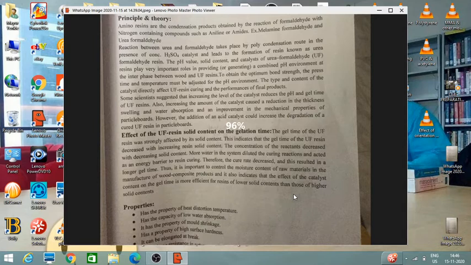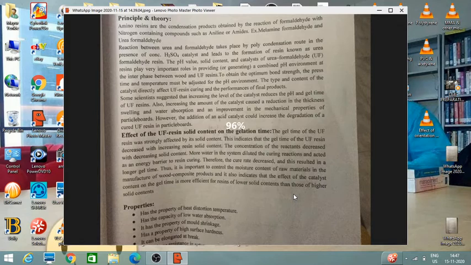So the exact meaning is somewhat like this. Gelation time: time interval between the addition of the catalyst into a liquid adhesive system and the formation of a gel. So you will get it once you do the practical what is gelation time.